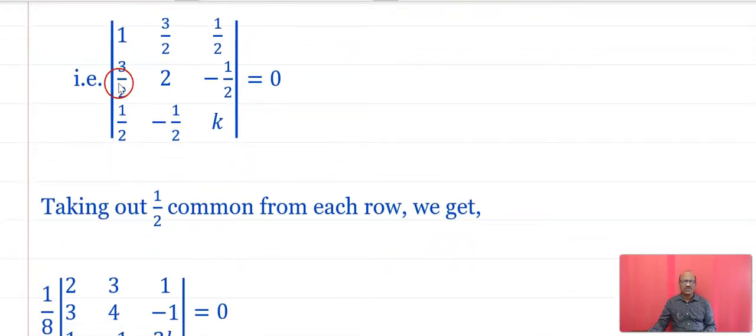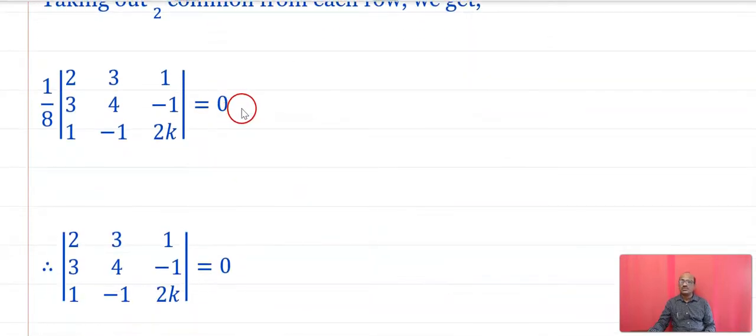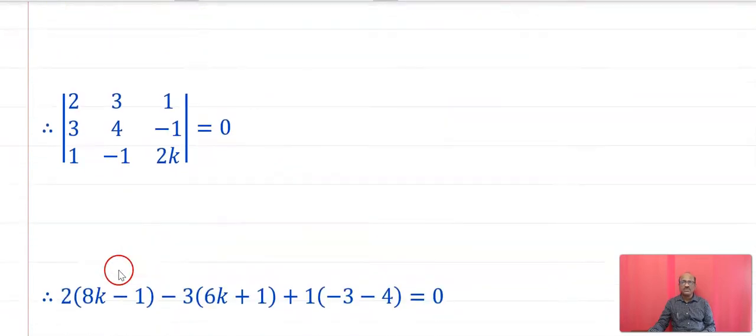Again take 1 by 2 common from each row of the column. Then if we take 1 by 2 common, this will become 2, 3, 1, 3, 4, minus 1. And what about here? 1, minus 1, 2k. And that's equals to 0. Now evaluate this determinant. That is 2 in bracket 8k and minus 1.